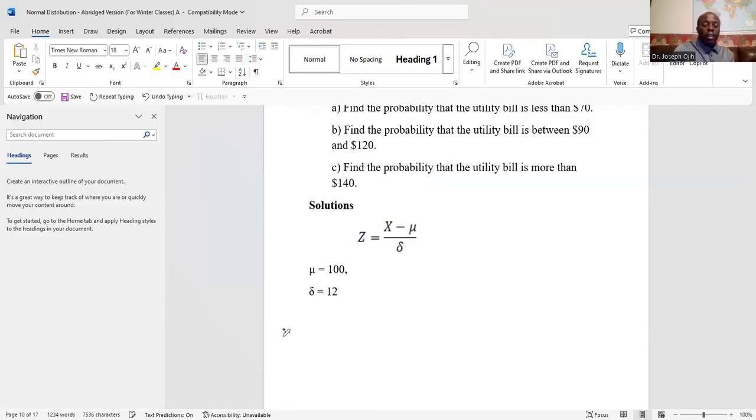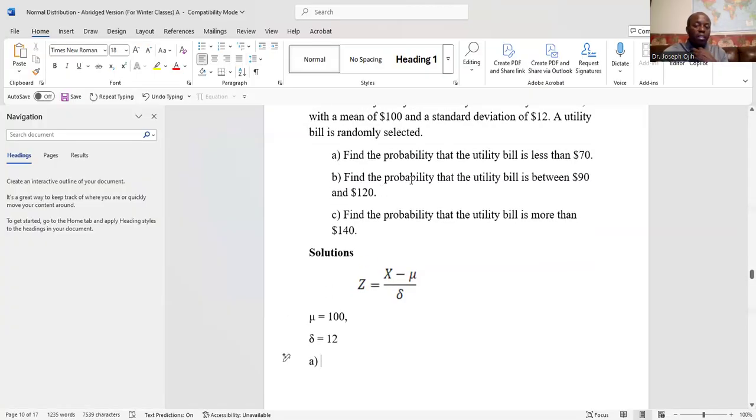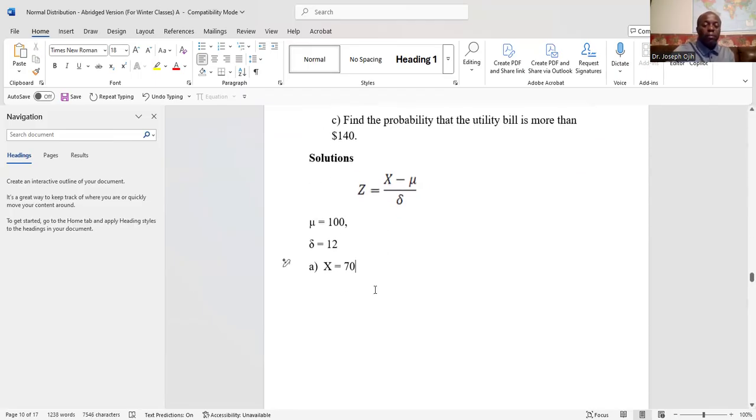Let's do part A. In part A, it says find the probability that utility bill is less than $70. So for A, X equals 70. So let us transform this using this formula here.